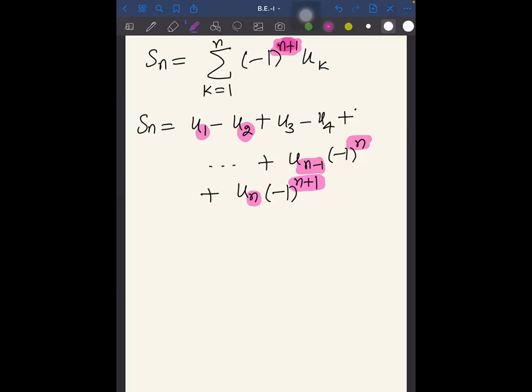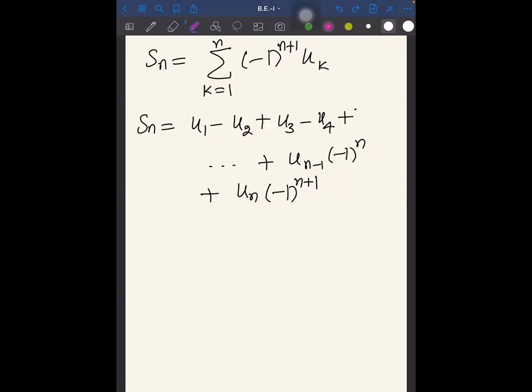Why? Because this depends on the nature of n. If n is odd, it will become positive. If n is even, it will become negative, because if n is even then n+1 would be odd, so it will be a negative sign. Is it okay?